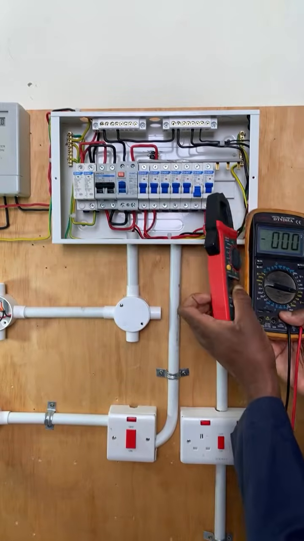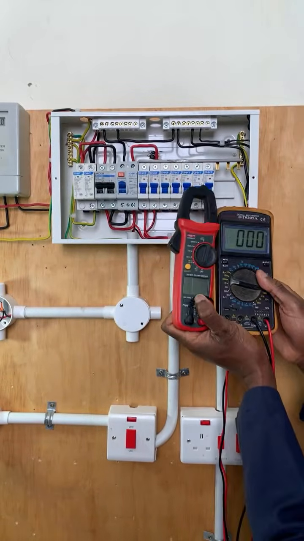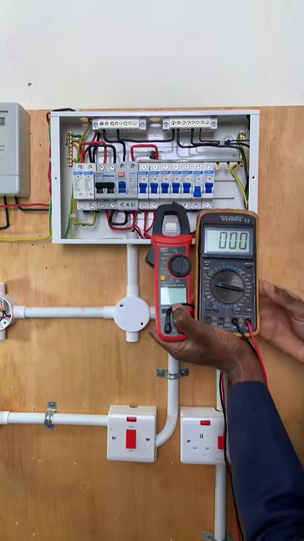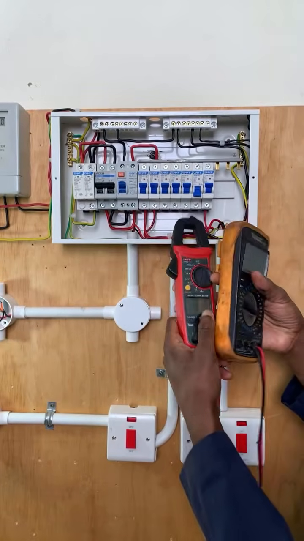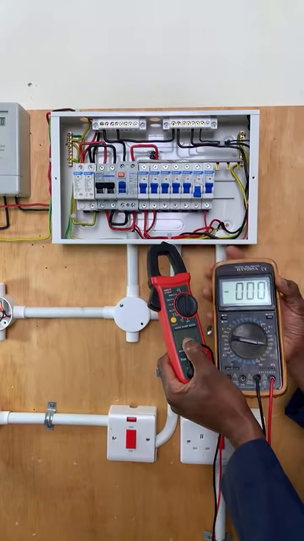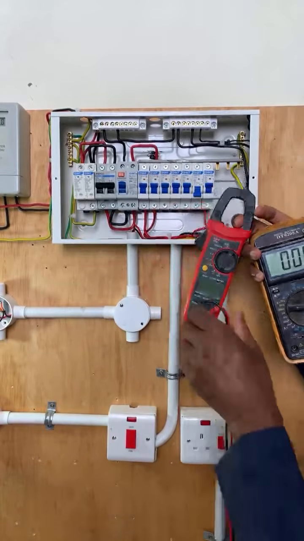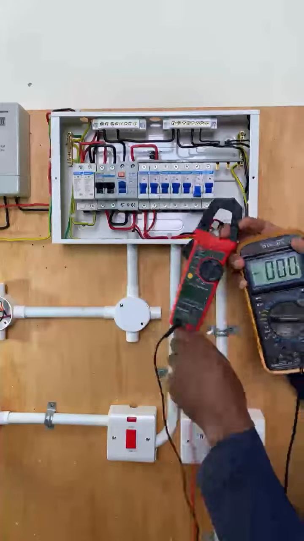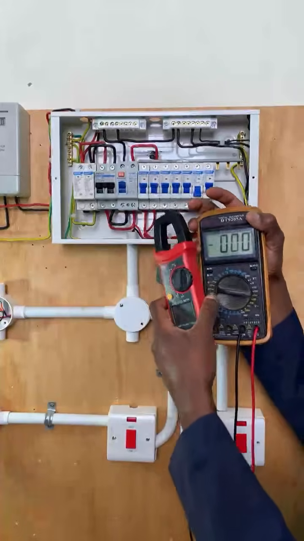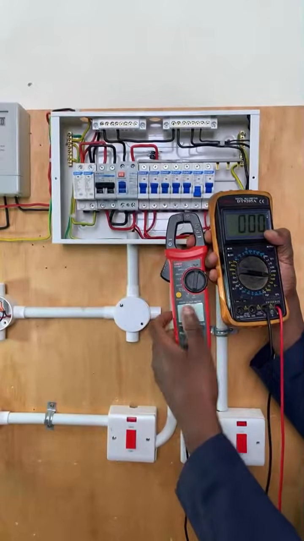So now there are several things here that we need to check for this digital multimeter as well as the clamp meter. Both of them have the probe functionality. That is a unique feature about them.